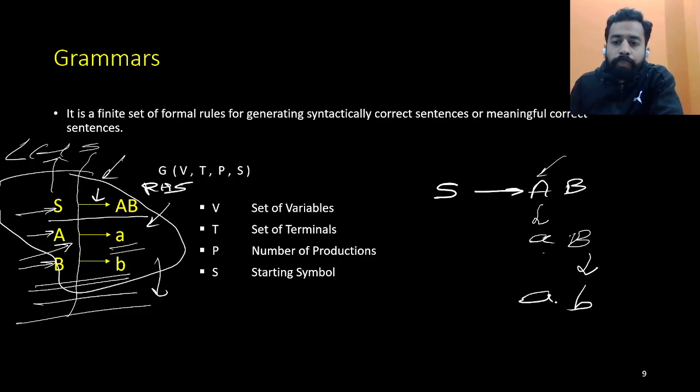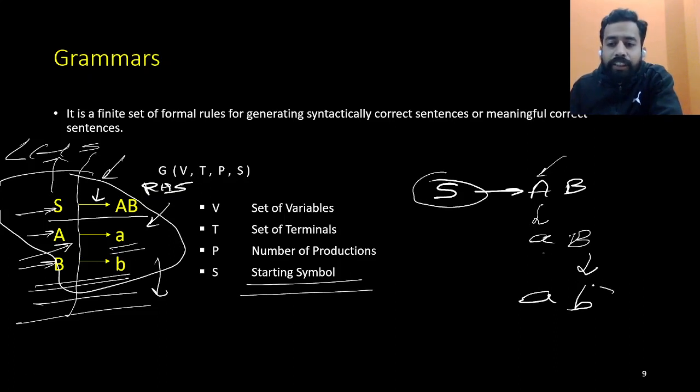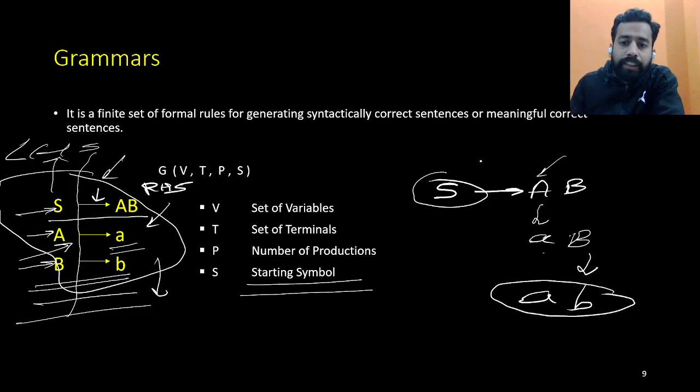So by using this, okay, this capital S is called the starting symbol. So we are deriving this string. This AB you can call a string or a sentence. So by using this starting symbol, which is a variable, or a variable is also called a non-terminal. Okay. So just write it here, non-terminal.